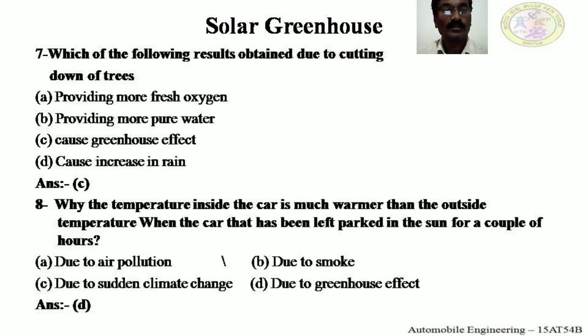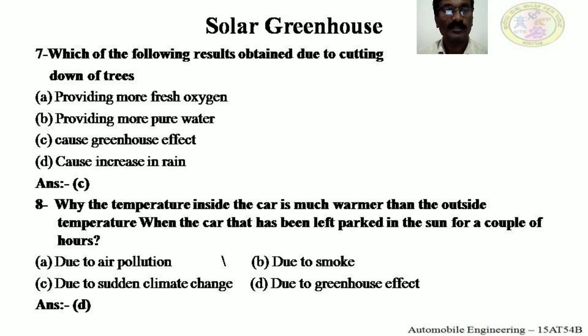Next question. Which of the following results is obtained due to cutting down of trees? First, providing more fresh oxygen. No. Providing more pure water. No. Cause greenhouse effect. Cause increase in rain.